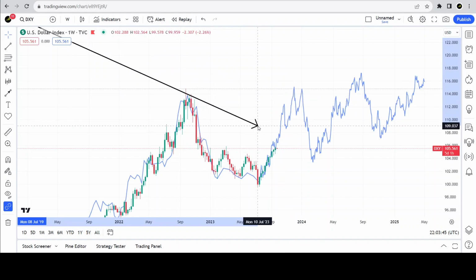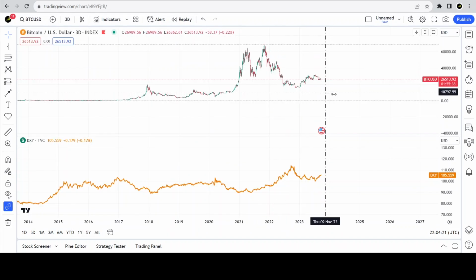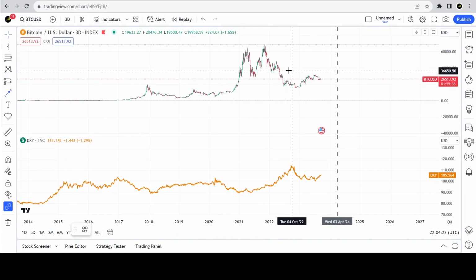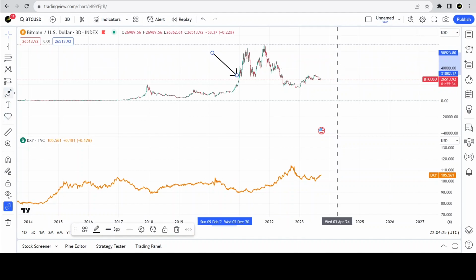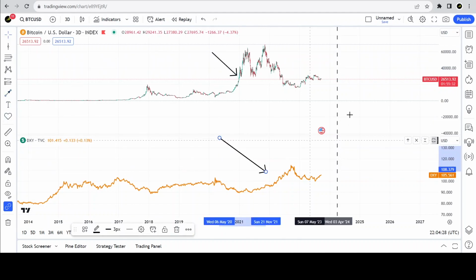So what I'd like to do is jump over to the Bitcoin chart and compare the DXY to Bitcoin. So here we have Bitcoin at the top over here, and down here is the DXY.